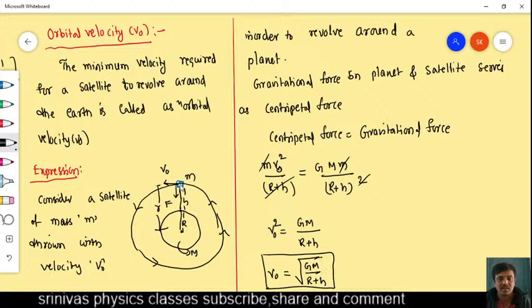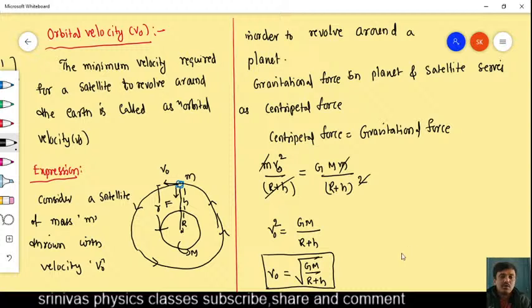The rocket will launch the satellite. The satellite is taken to a certain orbit, a certain height, with the help of a rocket, and the rocket throws the satellite at a certain velocity. Then the satellite will continuously rotate around the Earth or any other planet. This is the formula for the orbital velocity.